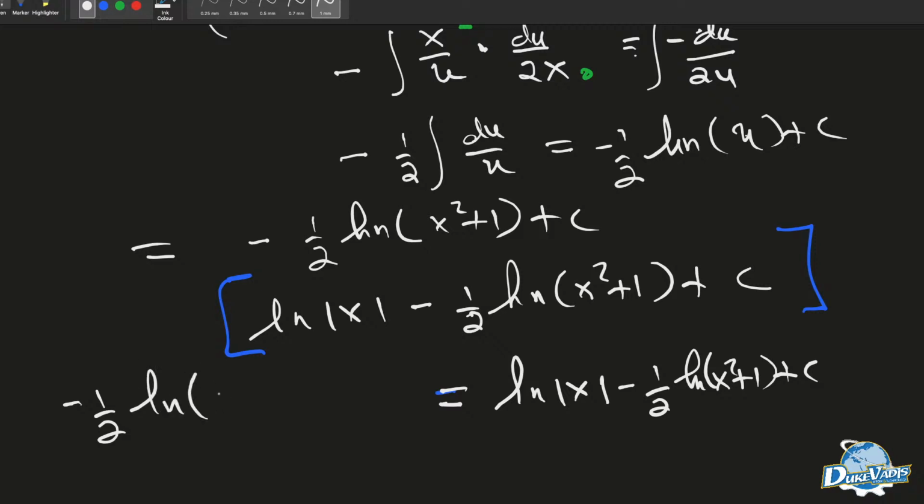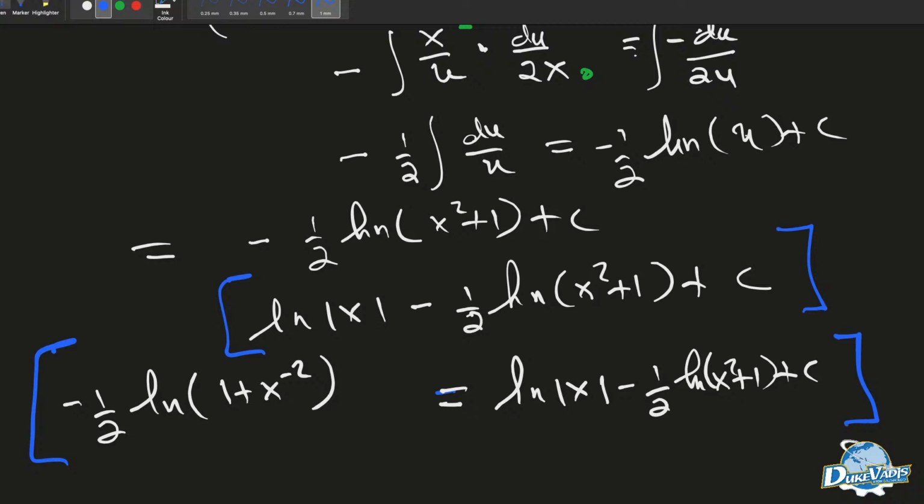These two are the same. These two integrations are totally the same.